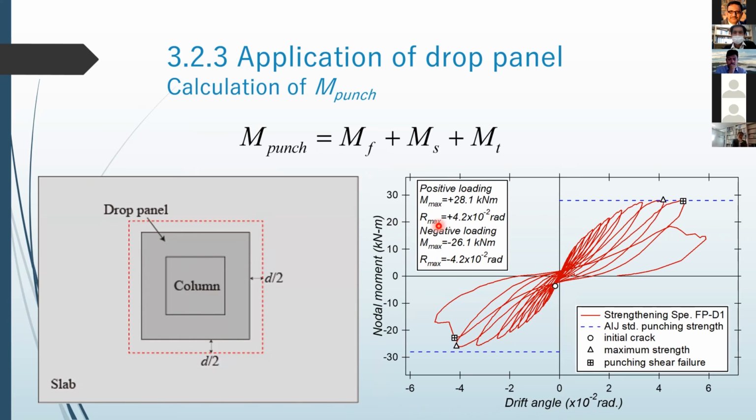And the calculation is shown by the dashed blue line, and the red line is the experimental result. It also agrees very well. So we can assume this critical section for the calculation of M punch. And after the calculation, if we can prevent the punching shear failure, we can remove the upper limit F equal to 2.6.